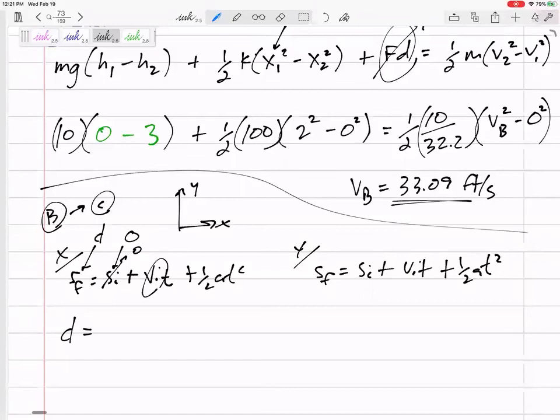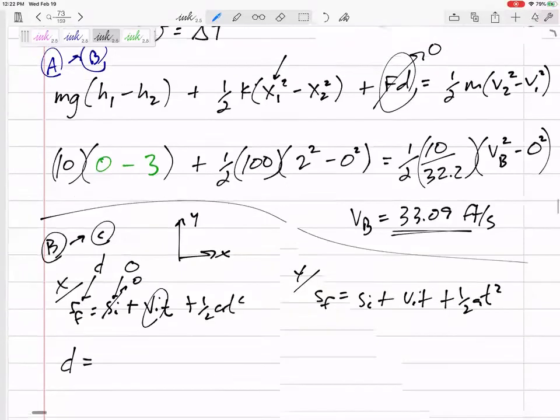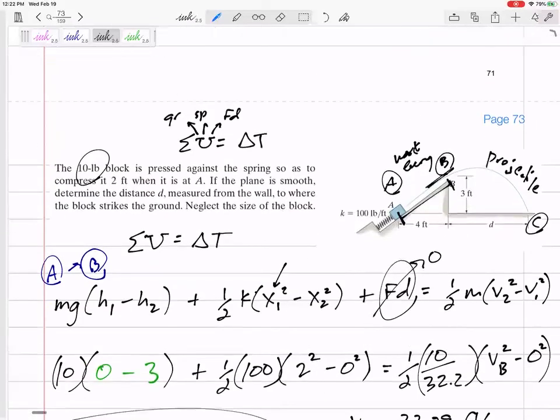Okay, well, the final velocity from the first part of the problem is now my initial velocity for my projectile part of the problem. Am I going to put the full 33.09 in here? No, I only need the X component. And so as it's leaving point B, it's at the angle that the slope is at.